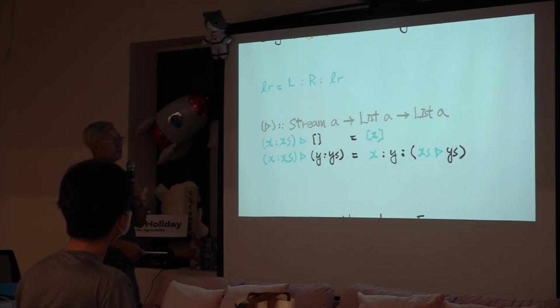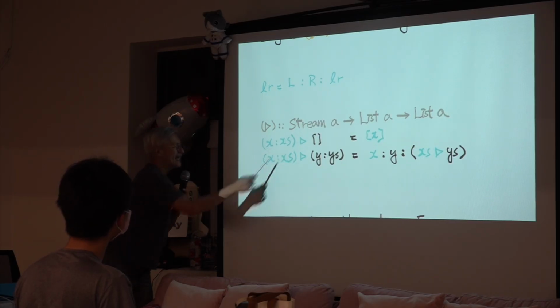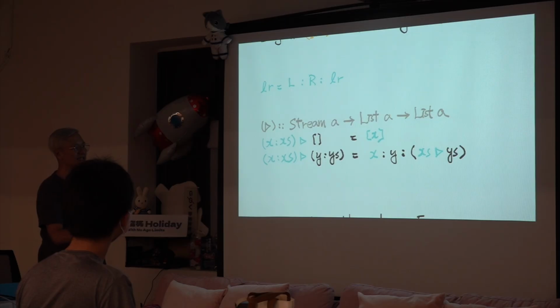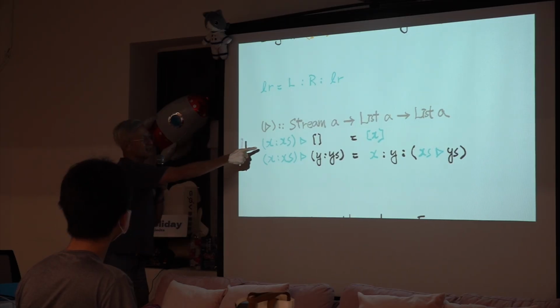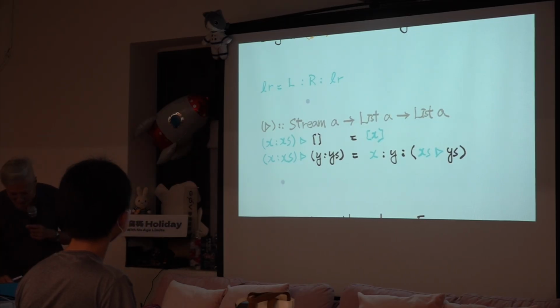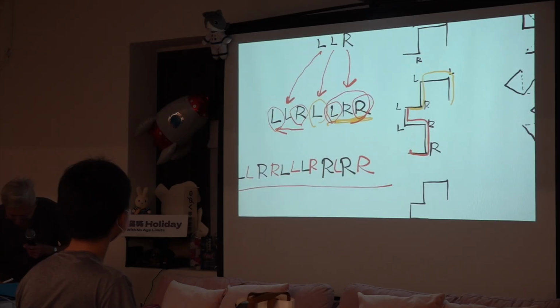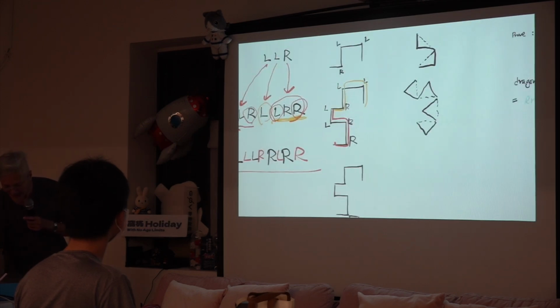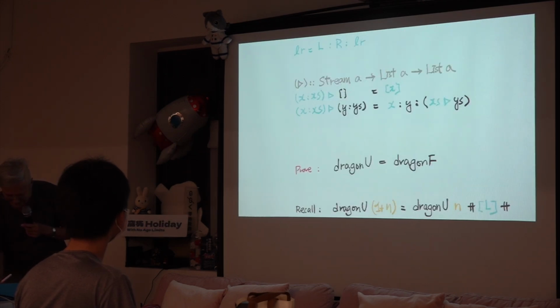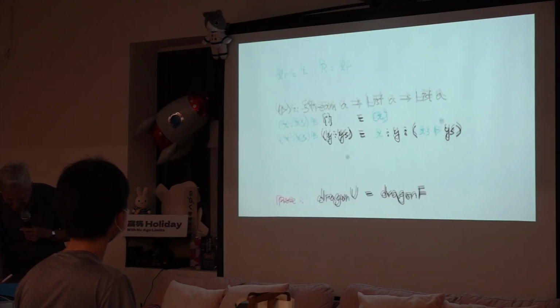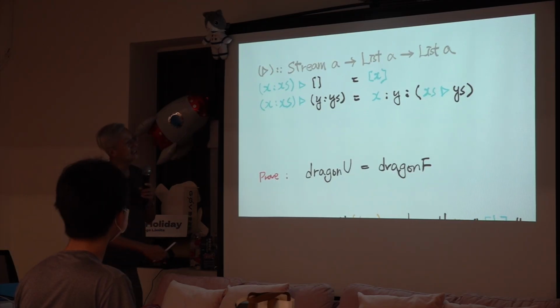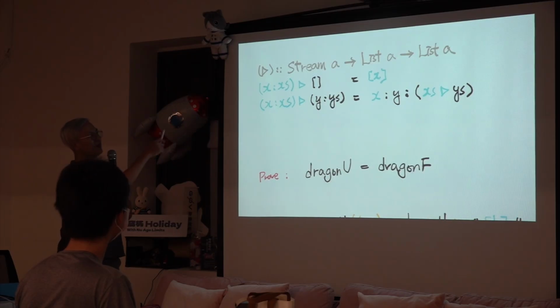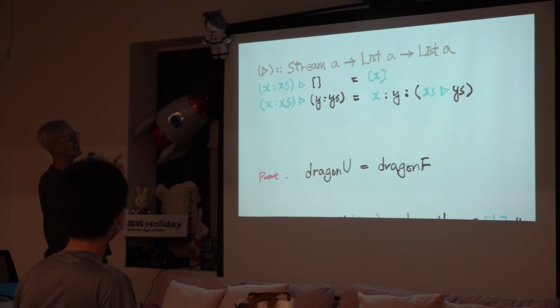And when the right one is empty, then I still take one element from the left, which corresponds to having an R in the end, and having this red thing in the end. Okay? Otherwise, I take a blue thing from the left and make it the first element.